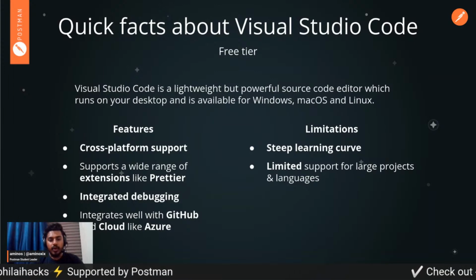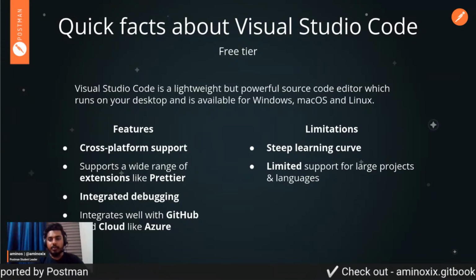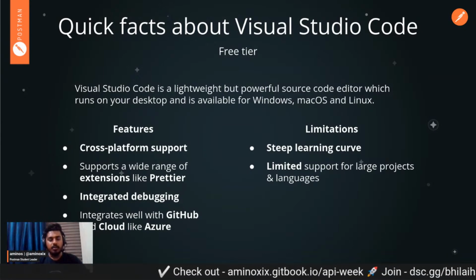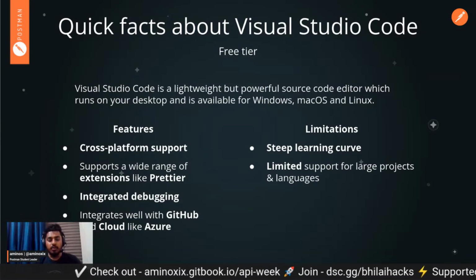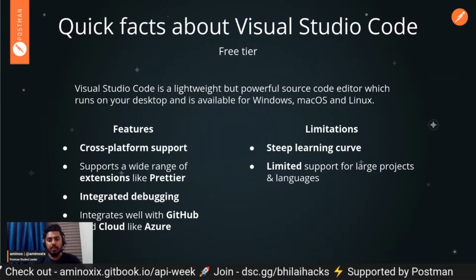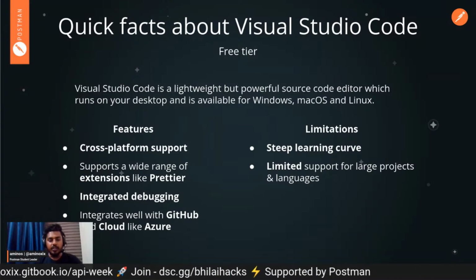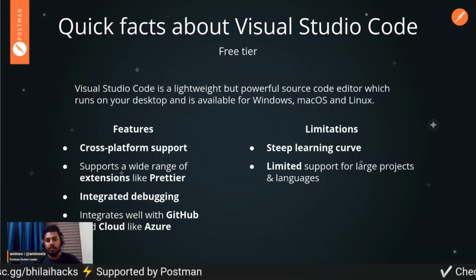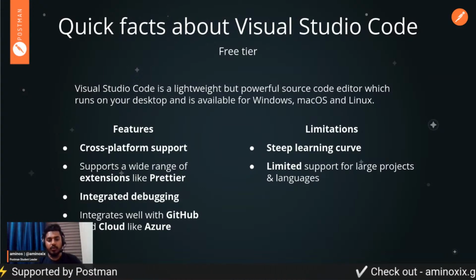It supports a wide range of extensions, like Prettier. You may have used Prettier to make your code better. If the indentation is misconfigured, Prettier is the extension which will figure that out for you.